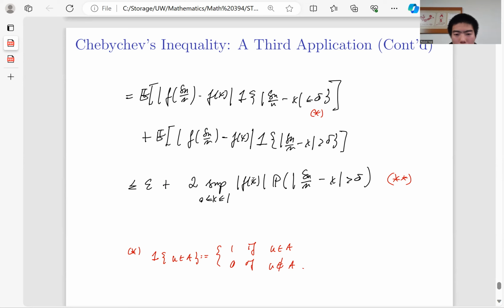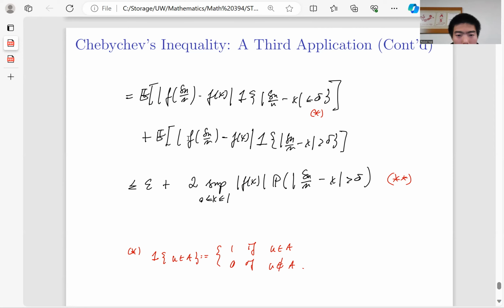And for this term before, the supremum norm of f is always larger than any of these f(x) or f(Sn/n). It's larger than this term and this term, which means that when we take the difference, these terms can go negative.